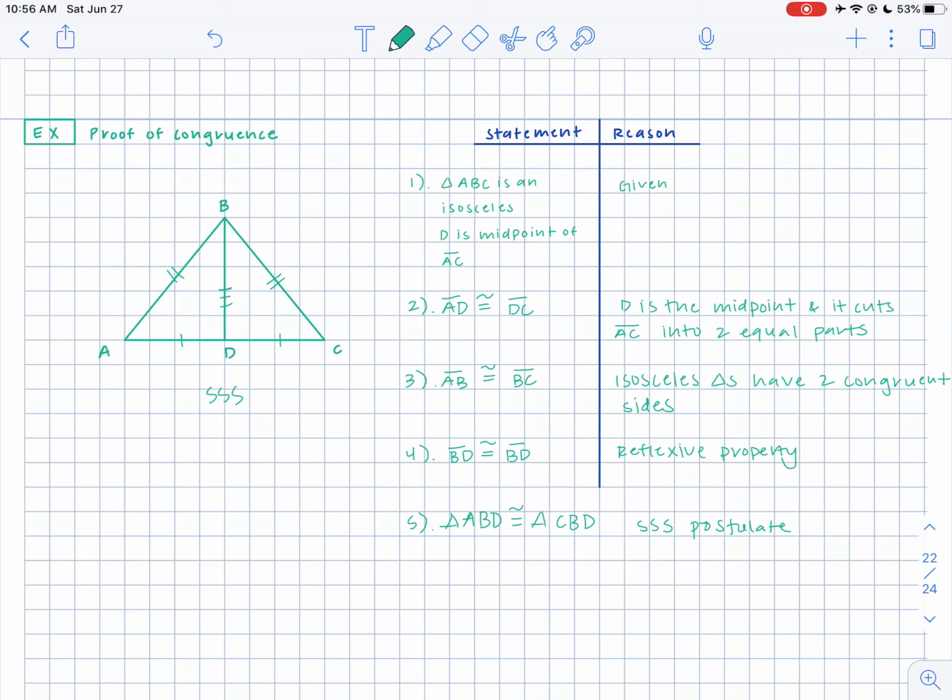Because the purpose of the shortcuts is to determine congruency without knowing all the information. So you see we used things we learned previously, such as the vertical angle theorem, isosceles triangles, and reflexive properties. We use those to gather information, find at least three pieces of information or three parts in order to determine congruency.